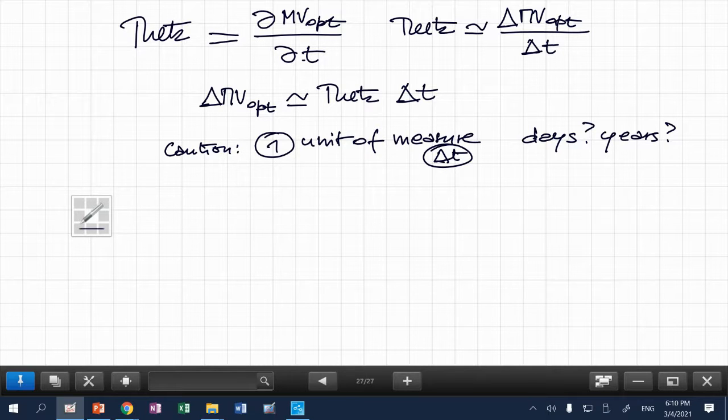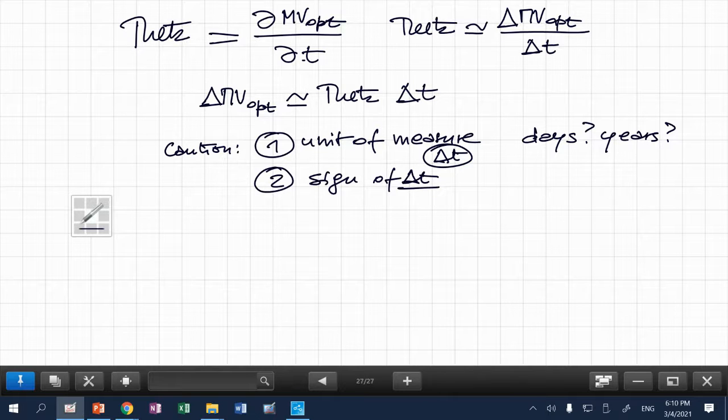Usually, in most handbooks, you see delta t in years, but in most front desks, you see delta t in days, clearly, for intuitive reasons. It's much better to have a number that tells you how much money I make or lose if I move from today to tomorrow. A second point is more tricky, which is the sign of delta t. Very simply, moving from today to tomorrow is a positive or a negative delta t.